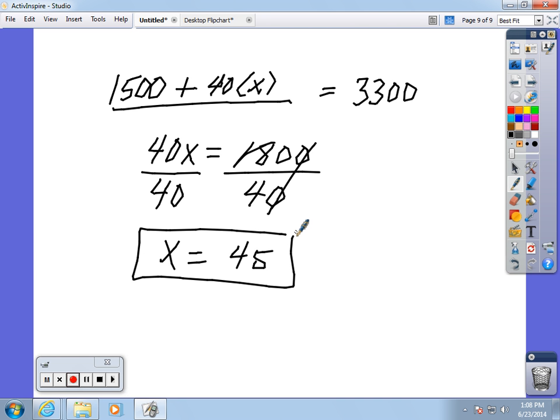So, 45 rounds of golf. All right, let's look at this. It takes 3 hours pretty much to walk 18 holes of golf, especially if you play a legitimate golf course. If you play a rinky-dink golf course, it might take an hour and a half. But if you play a well put together golf course, you're talking 3 hours.